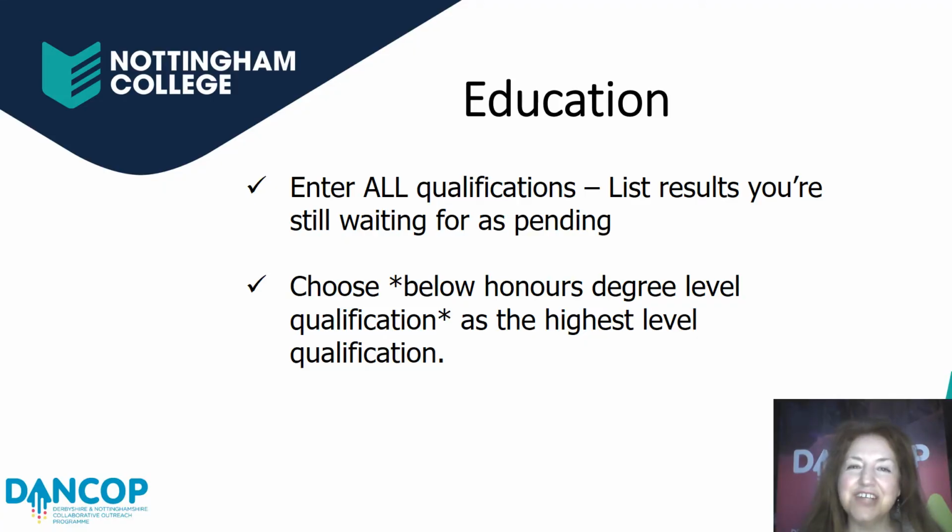In the education section, you need to list all of your qualifications since primary school, and that includes any qualifications that you're doing currently, but you list those as pending rather than putting a grade down for them. You'll also be asked what the highest level qualification is that you have, and in the drop down menu for that, you need to select below honours degree level qualification.